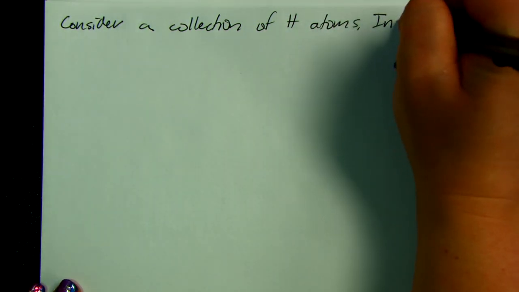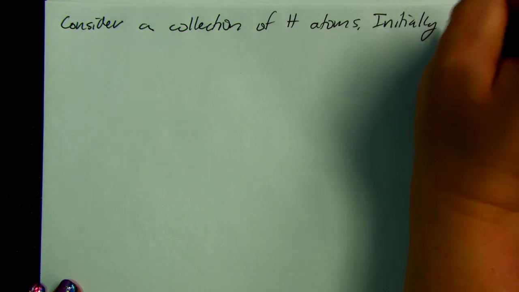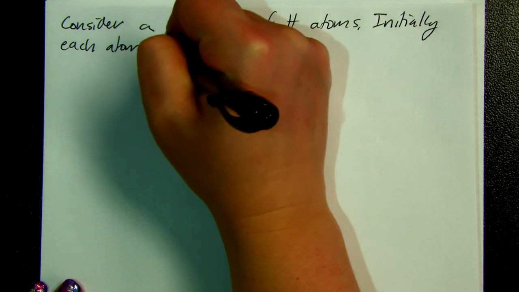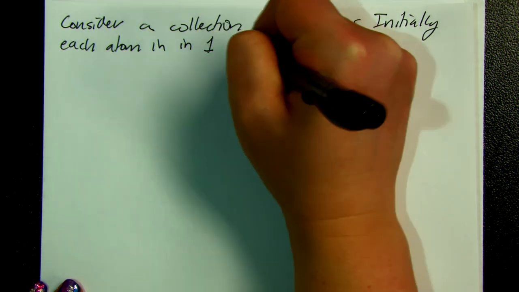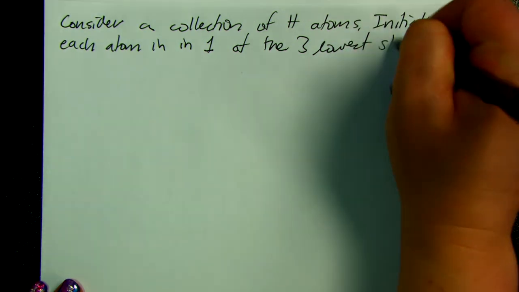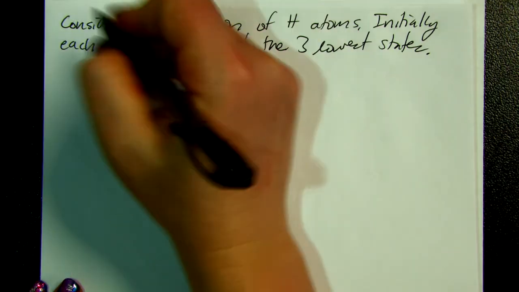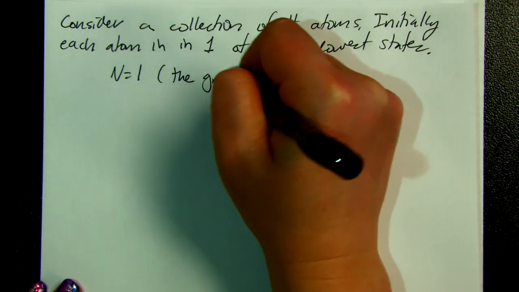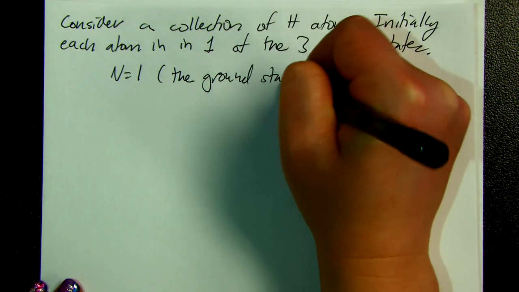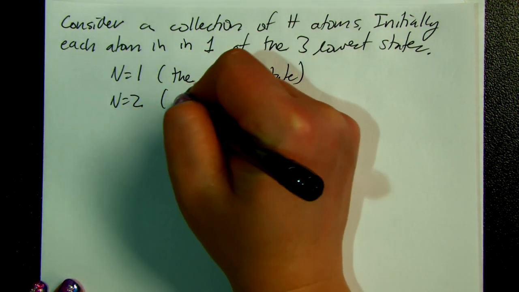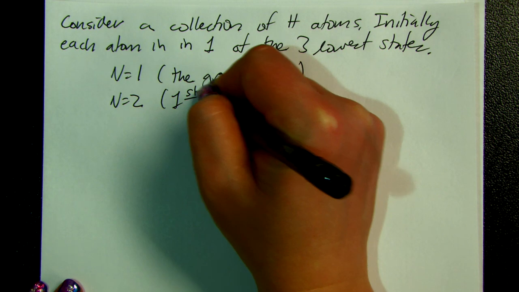Initially, each atom is in one of the three lowest states. So we have n equals 1, which is the ground state. N equals 2, first excited.